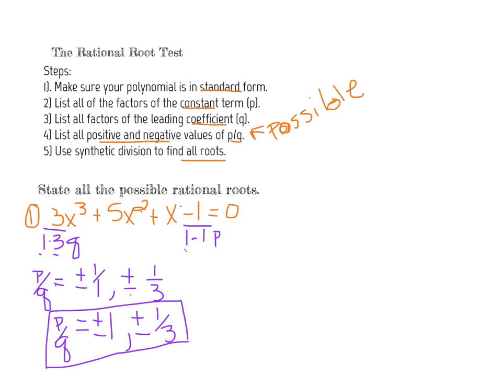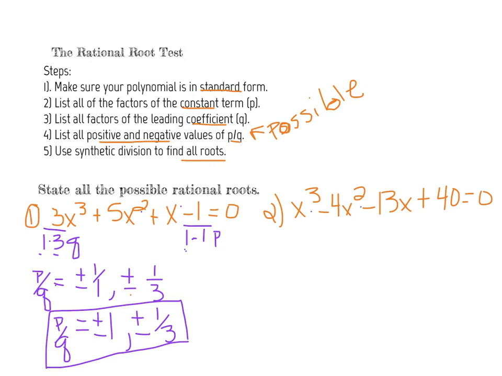Okay? So let's take a look at another example. We have x to the third minus 4x squared minus 13x plus 40. Again, we will check to make sure that it is in standard form.